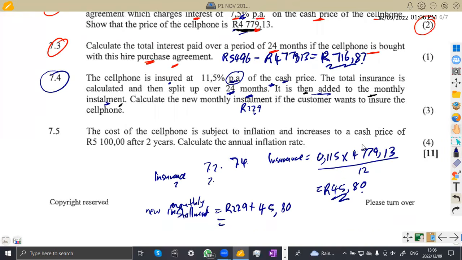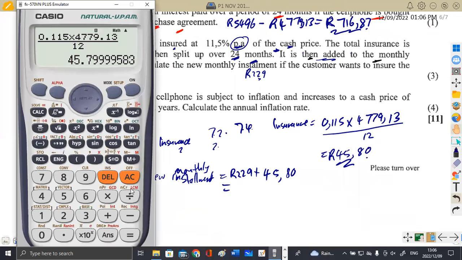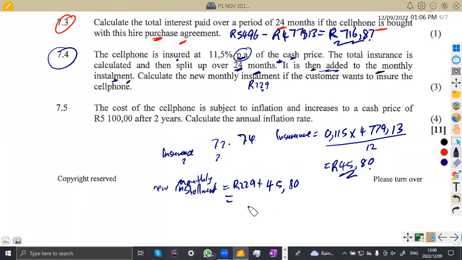If we add these two, we have the new value: 229 plus 45.80, which is 274.80. All right, so that was the new installment.